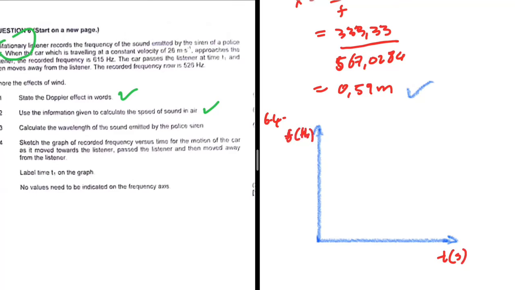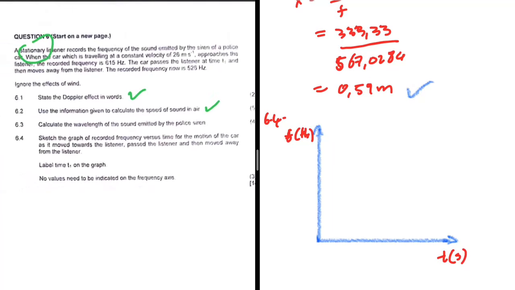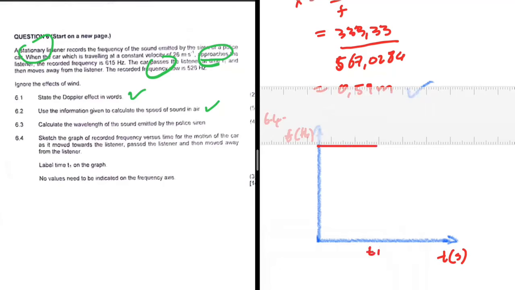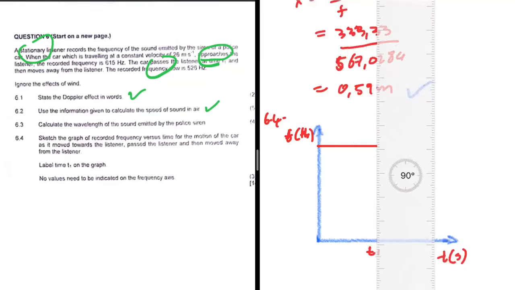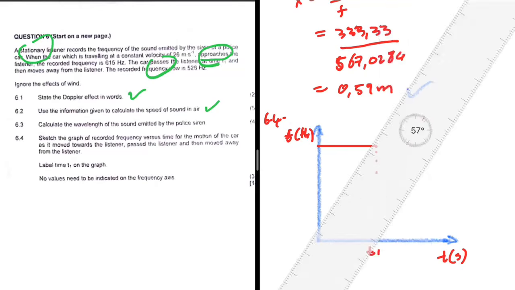Okay, so initially, is it moving away? It approaches initially, right? And then after that, it passes and moves away. So when it is approaching, we have a higher frequency. Somewhere here, this is our frequency when we are approaching. And then something happens at T1. At T1, it passes the listener and it's now moving away. So we are expecting something like this.